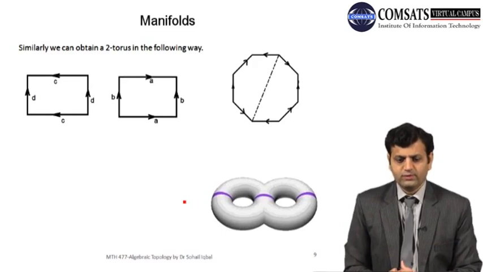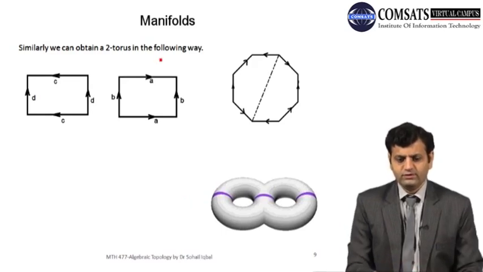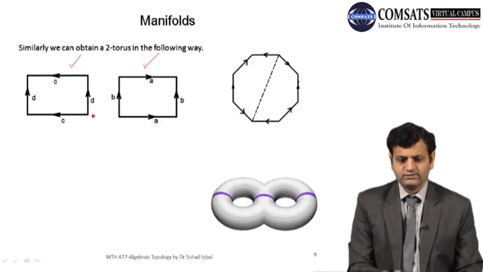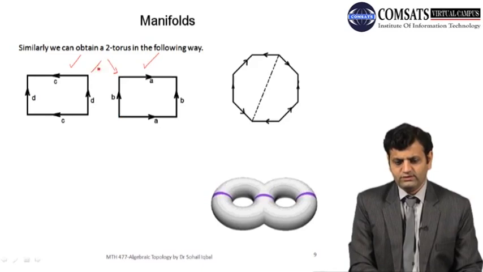The process is very simple. We know that this one square, with these two opposite sides identified, is a one torus, and similarly take another torus. Now if I want to obtain a two torus, what I do is cut these two tori at these corner points, and then join them in the following way.